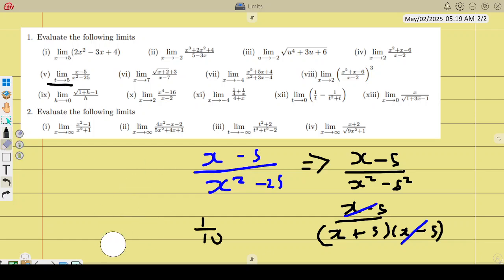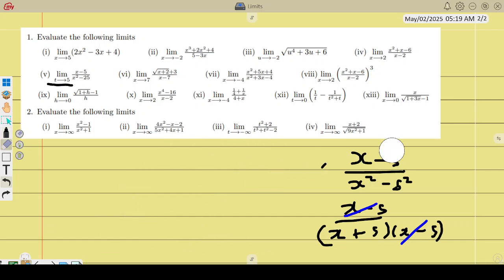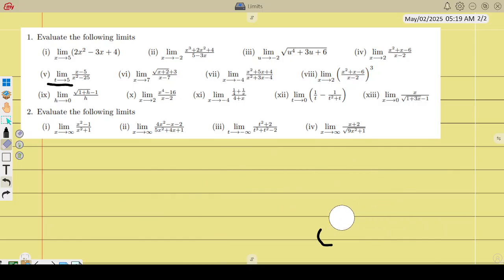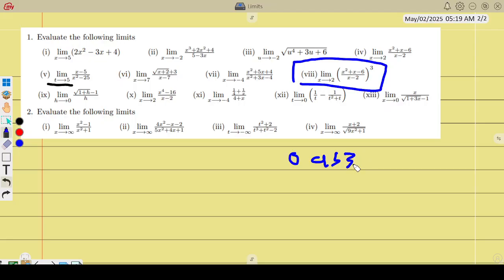Yeah, so we've answered question 5, and then you should try question 8. So what are you going to get when you evaluate it? You can send me your work on WhatsApp.